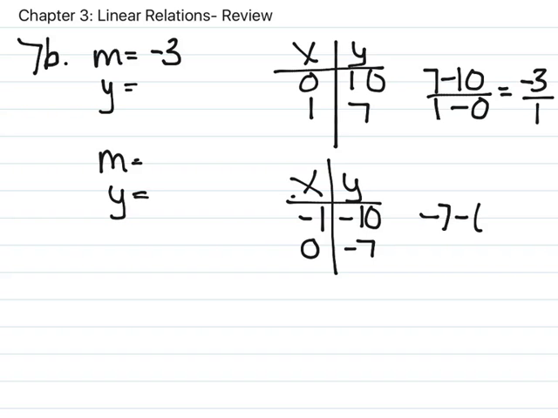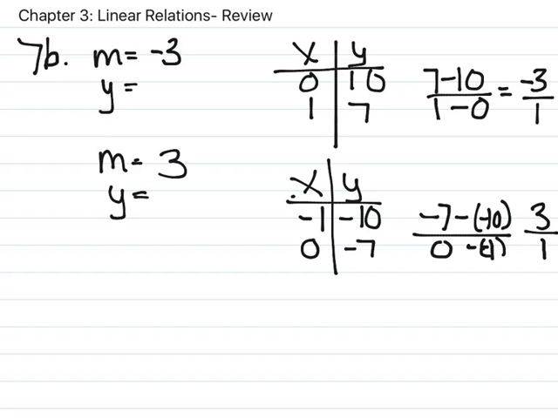So negative 7 minus negative 10, divided by, you've gone from negative 1 to 0. So this is the same as 0 minus negative 1, which is 1. And negative 7 minus negative 10 is the same as negative 7 plus 10. That gives you a positive 3.